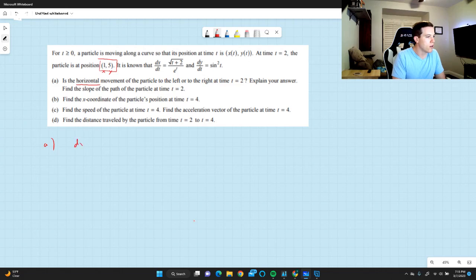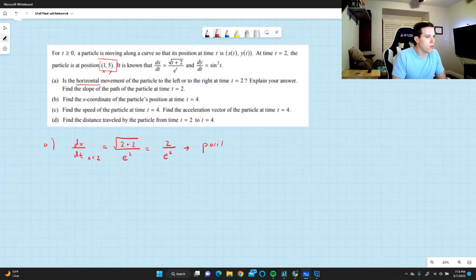Well, if we plug 2 into our rate for the x component, we get square root of 2 plus 2 all over e squared, which is the square root of 4, which is 2, 2 over e squared, which is positive.